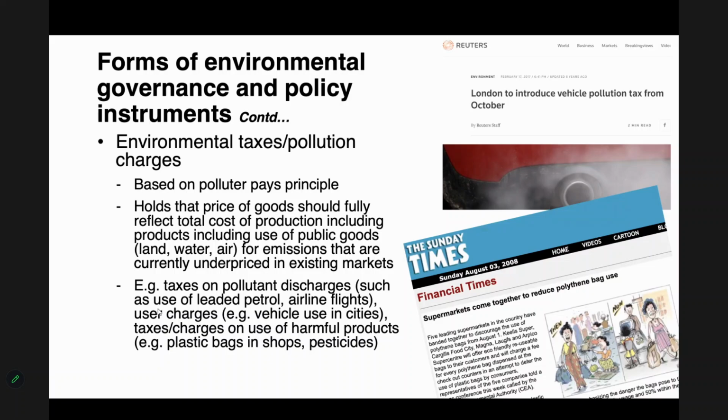And so by imposing a tax or a pollution charge, you're trying to make sure that the actual price that you pay for a good reflects the total cost of production, including any social or environmental costs.